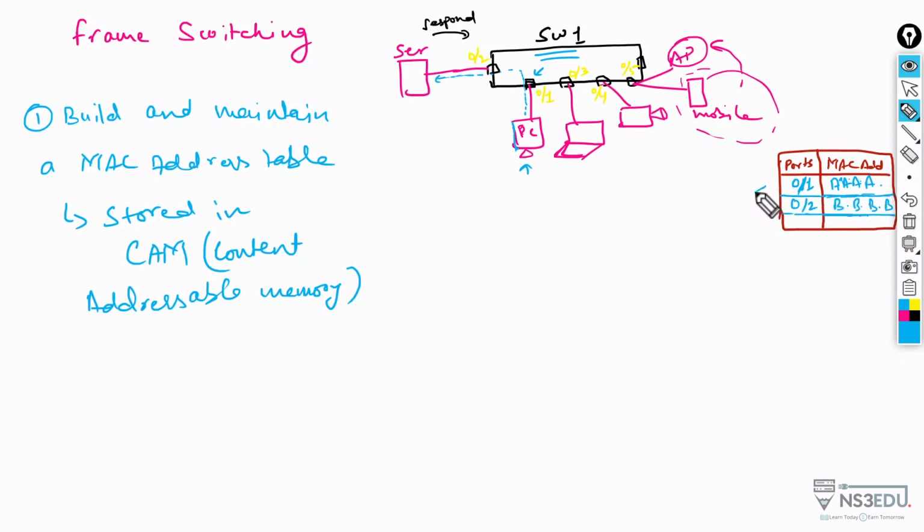The first MAC address was from 0/1 in this PC, that is AAAA, and when any kind of data is received from any device, let's say the server here, then the MAC address and the port number will be used and stored in the MAC address table, right?